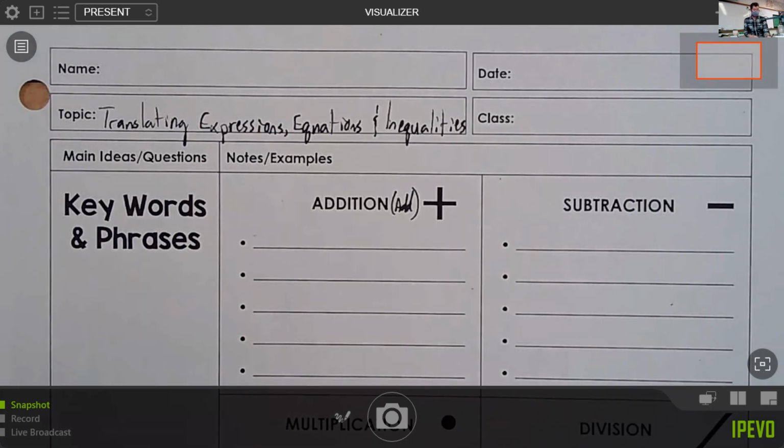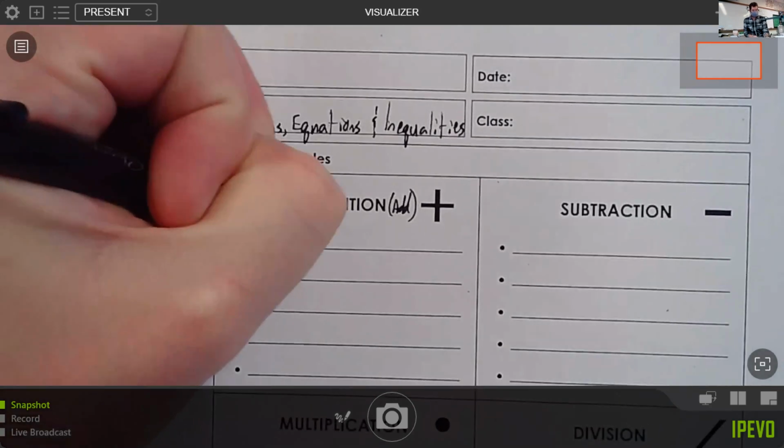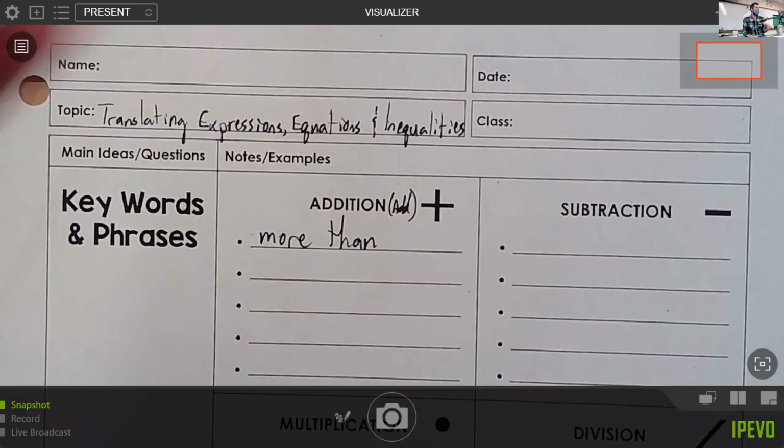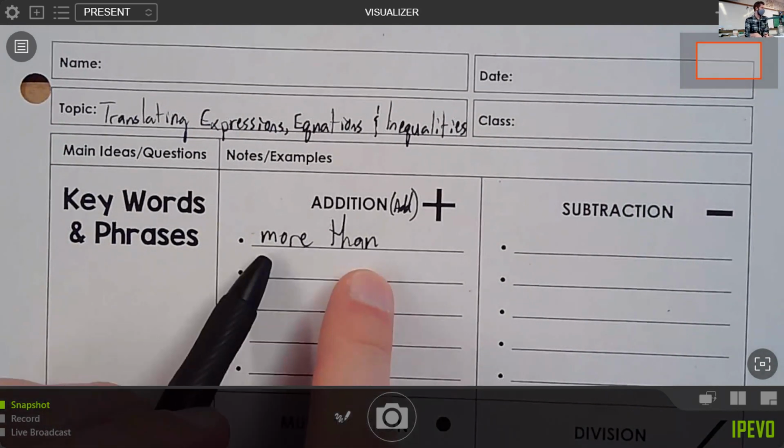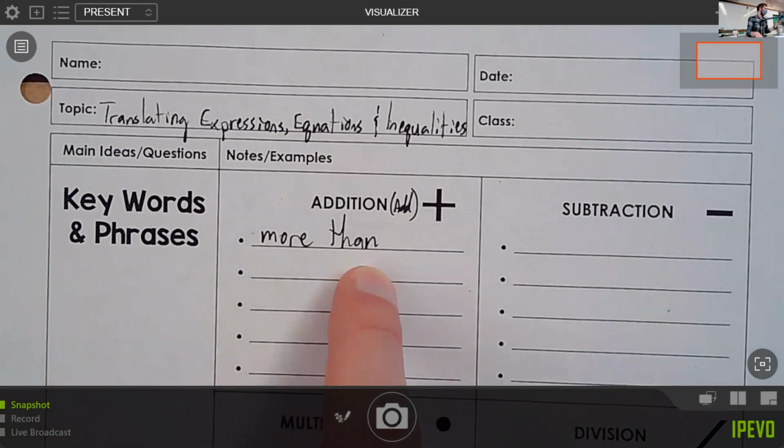More than would imply addition. I know that greater than and more than kind of mean the same thing as we're talking, but in terms of how they translate to mathematical symbols, more than is pretty specific to addition, greater than is pretty specific to the inequality symbol.